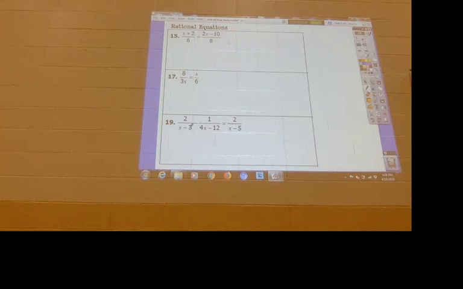So, I have an equation. Do I have two fractions that equal each other? No, I do not. I have a subtraction problem, but I want to get two fractions equal to each other. So I need to subtract this first.